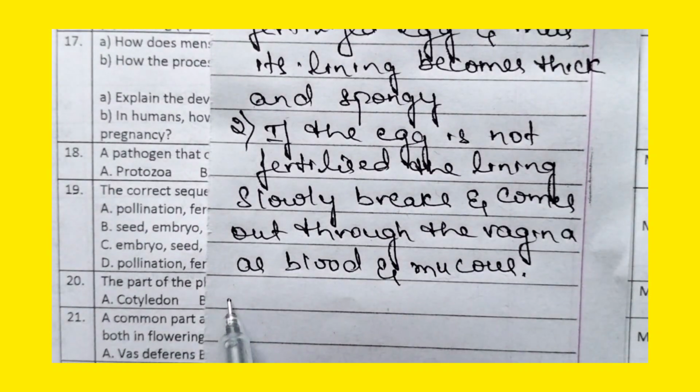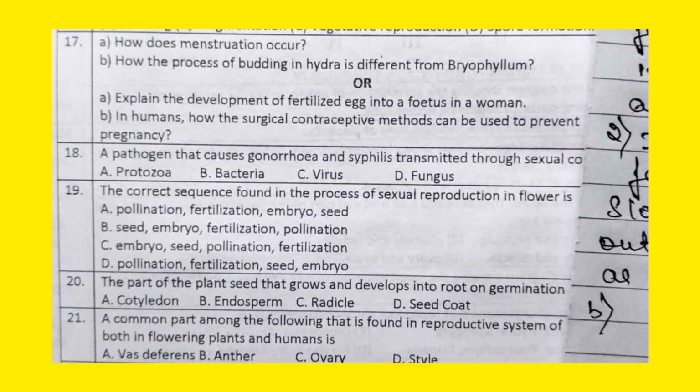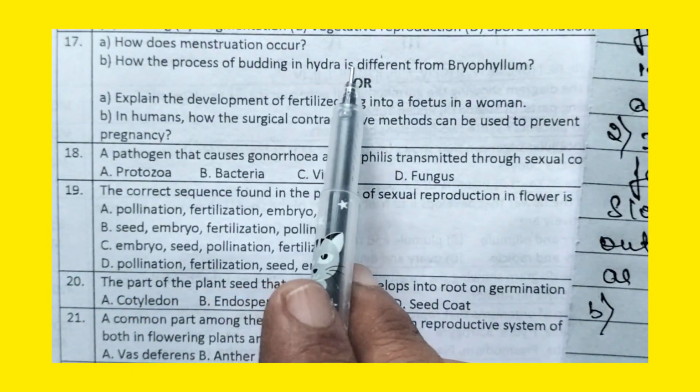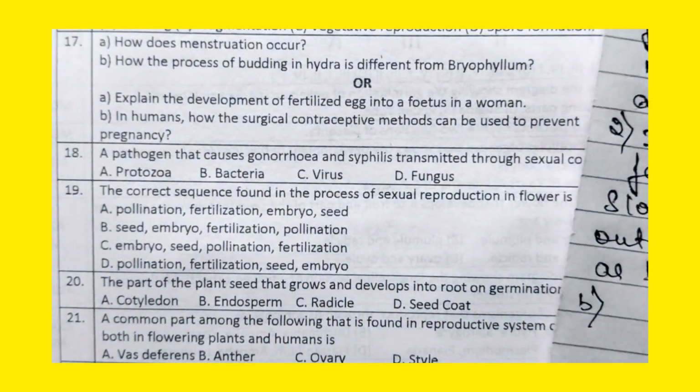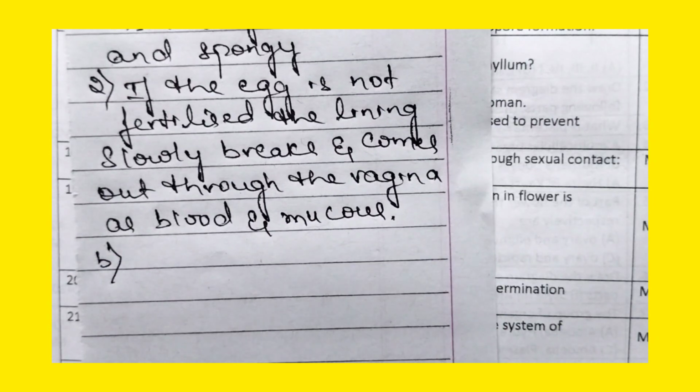In that 17th, one more question is there, B, that is how the process of budding in Hydra is different from bryophyllum. So now let us answer that question also.